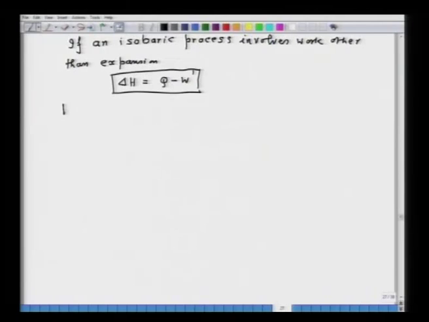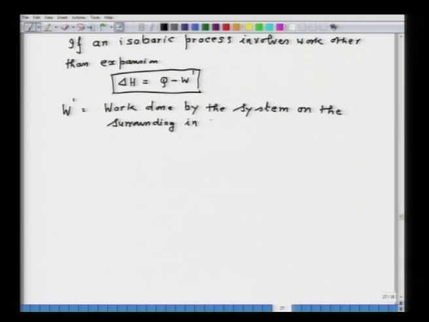So, I will write for you, say W dash is equal to the work done by the system on the surrounding in the constant pressure process, other than expansion work.